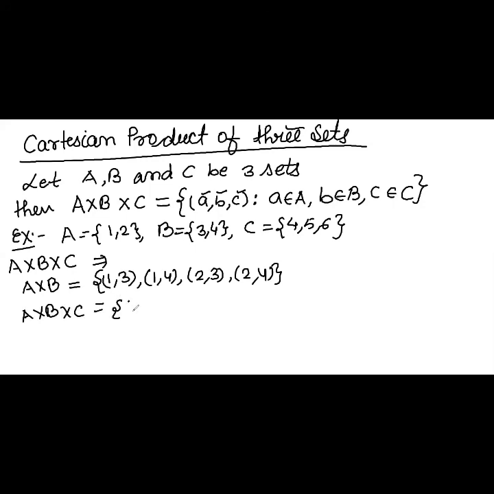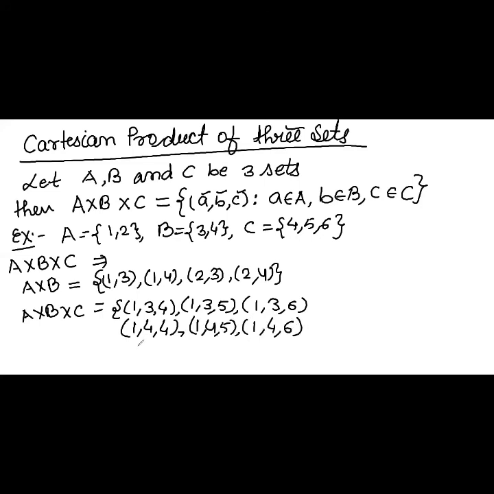So (1, 3) with 4: (1, 3, 4), then (1, 3, 5), then (1, 3, 6). The next will be (1, 4, 4), (1, 4, 5) and (1, 4, 6). The next will be (2, 3, 4), then (2, 3, 5) and this is here (2, 3, 6).